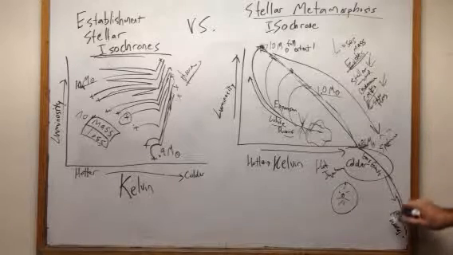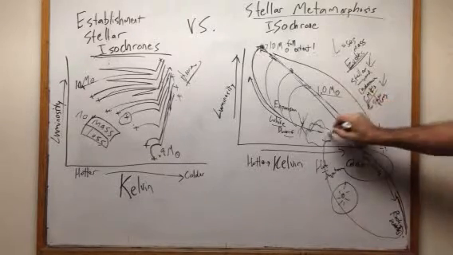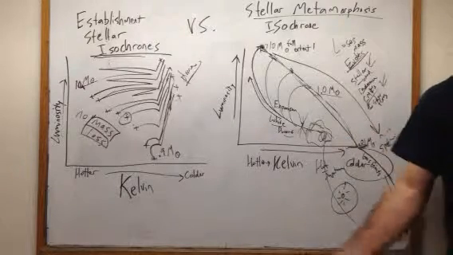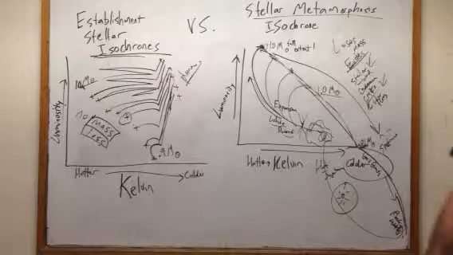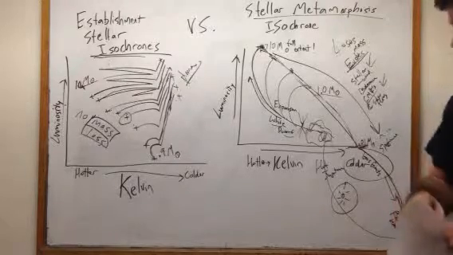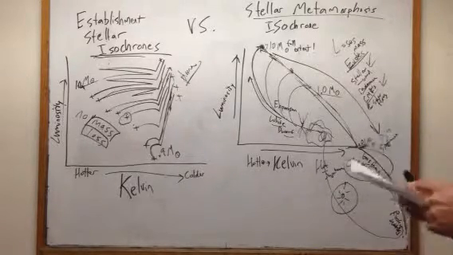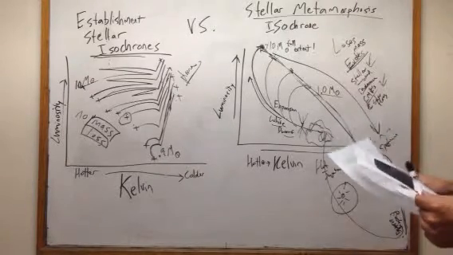And then, of course, that material is then recycled back into solar nebula, and the process can continue depending on how much energy the galaxy had when it was born. But there we have it.